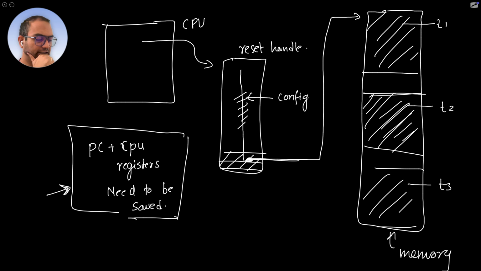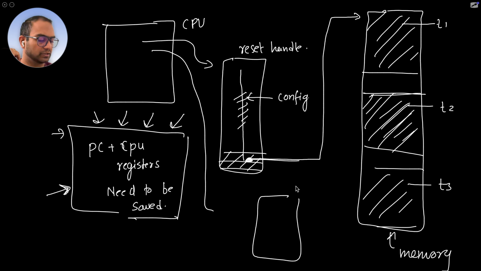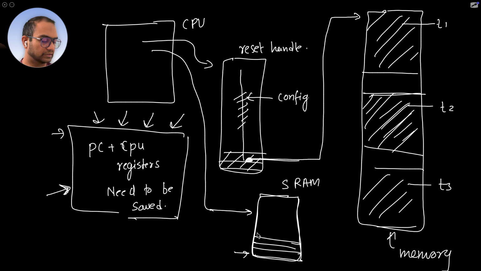The question is that somehow we need space to save these. When the CPU boots up, we also know that the CPU has in memory, let's say the RAM memory, the SRAM memory, static RAM, or RAM for short. It's pointing to some location at the very bottom, which is serving as the stack.